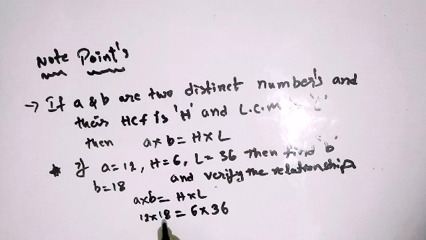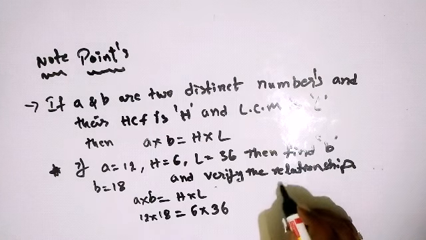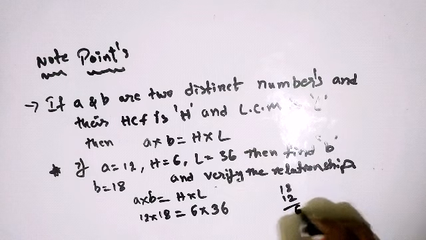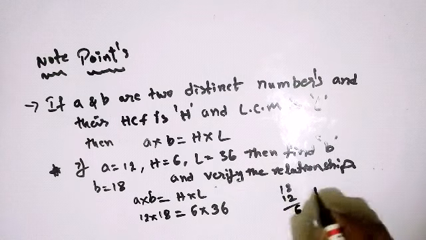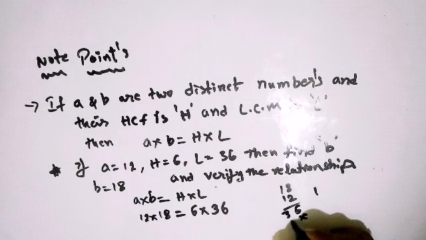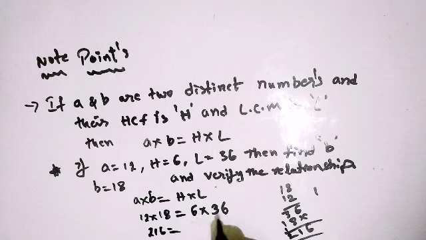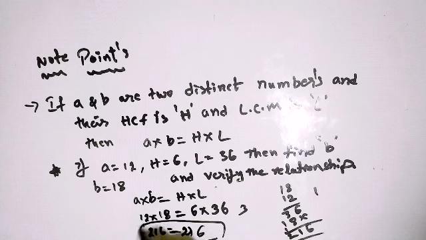12 into 18, by multiplying: 12 into 8 is 96, and 12 into 1 is 12, giving 216. 216 is equal to 6 into 36. 6 sixes are 36, 6 threes are 18 plus 3 is 21, so 216. 216 is equal to 216, right?